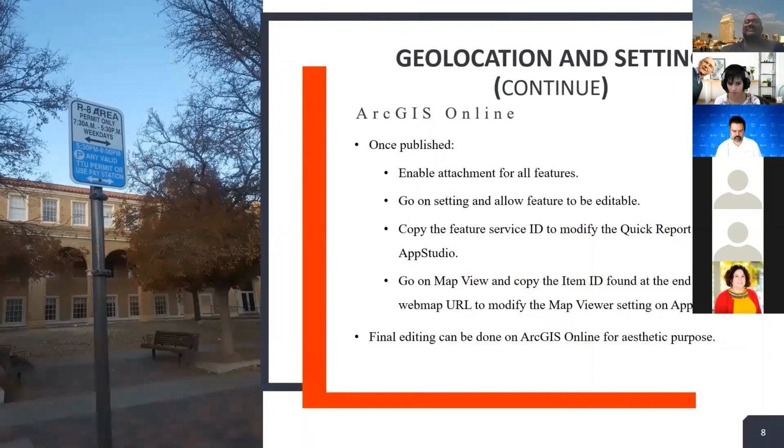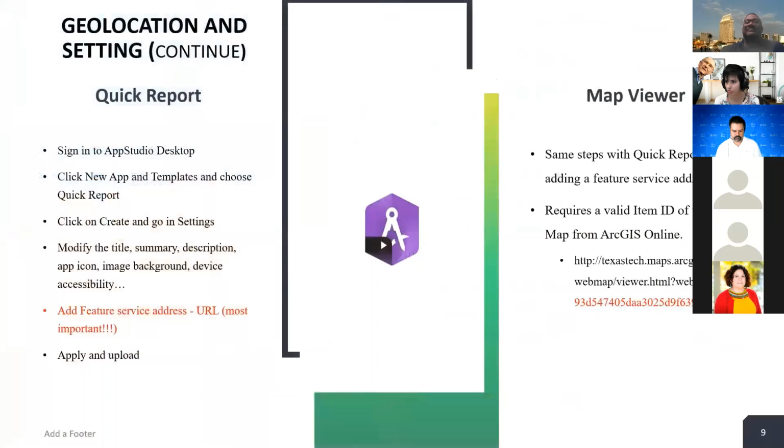Then I copied the feature service ID to modify the Quick Report setting on App Studio. And I went on Map View and copied the item ID found at the end of the web map URL to modify the Map Viewer setting on App Studio. Then I made some final editing just for aesthetic purposes. So those are the steps for App Studio now.